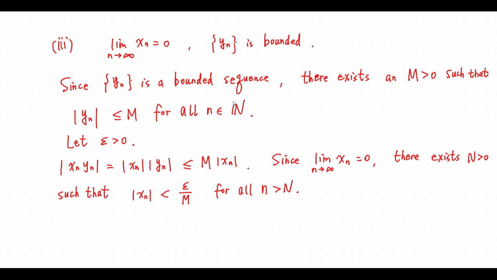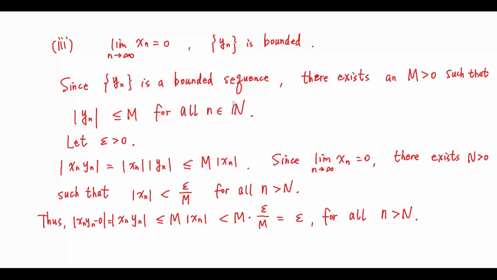Since the limit xn equals 0, there exists big N greater than 0, such that the absolute value xn is less than epsilon over m for all n greater than big N. Thus, we have this inequality for all n greater than big N.